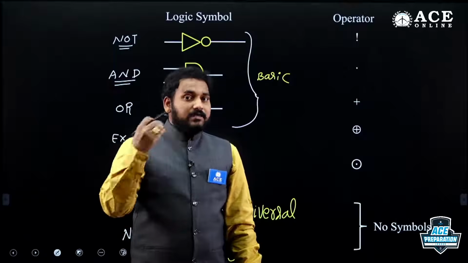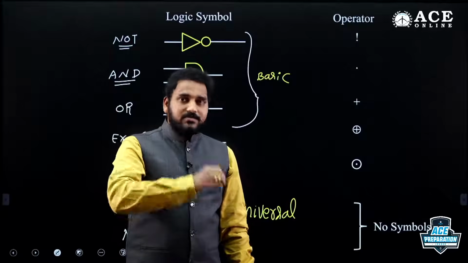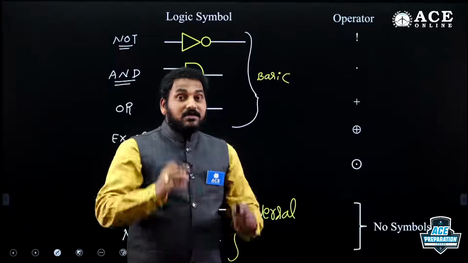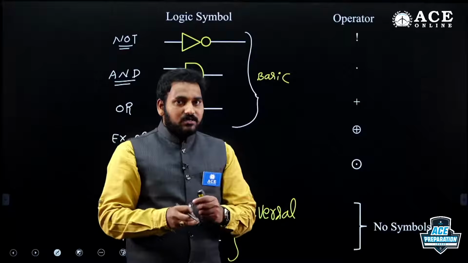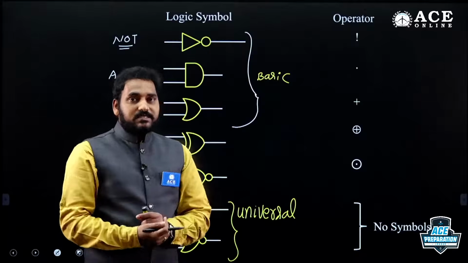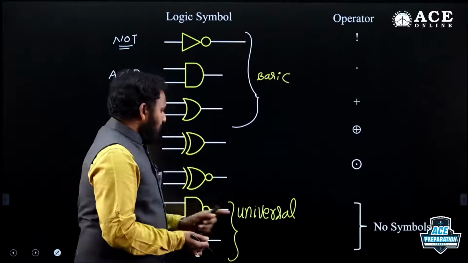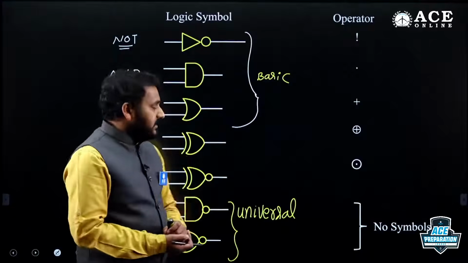What it means is that the entire digital system, either combinational or sequential circuit, can be implemented using only NAND and NOR, because they have their own importance in universal design. That is a different story. I think it might not be covered in this session. It's a long, lengthy topic.